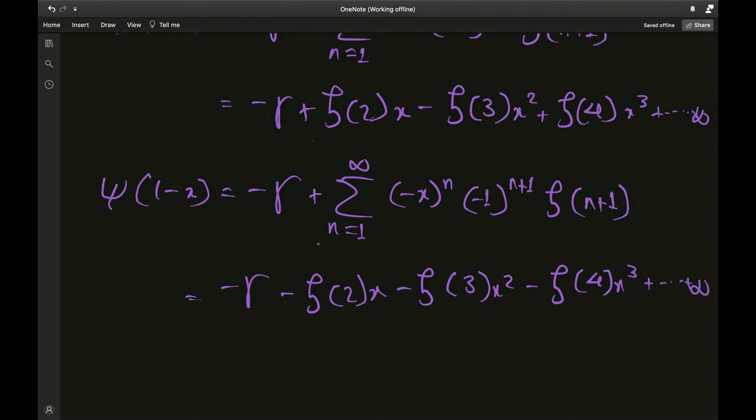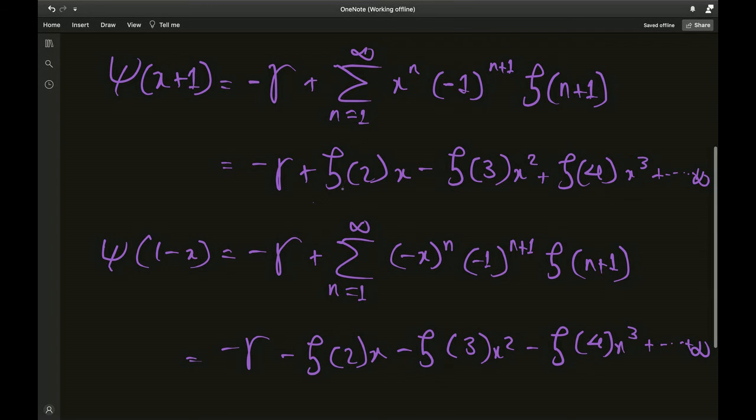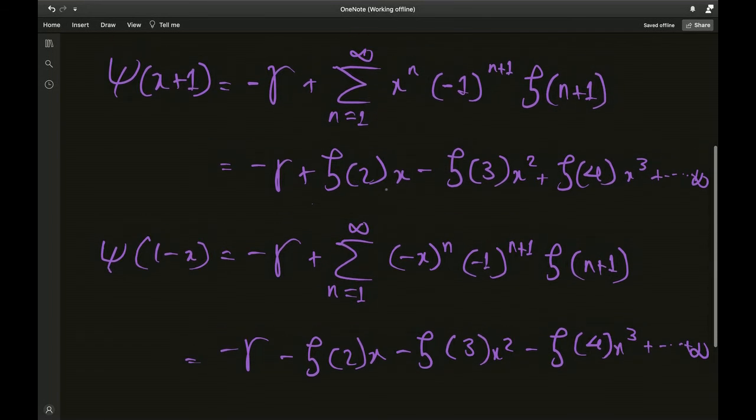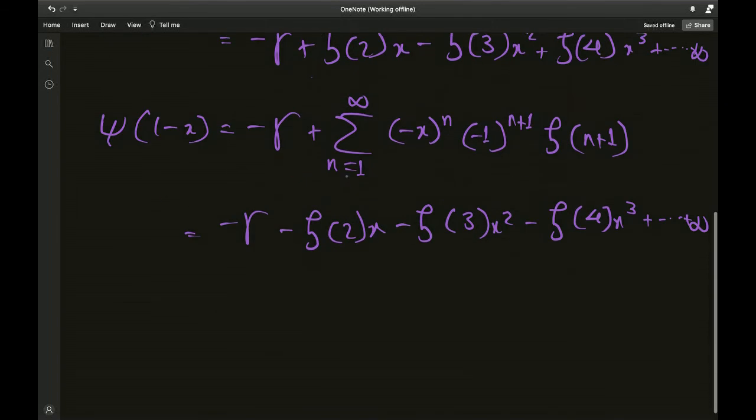So now if we want to get rid of the even terms, the terms which have an even argument for the Riemann zeta, we need to add these guys.